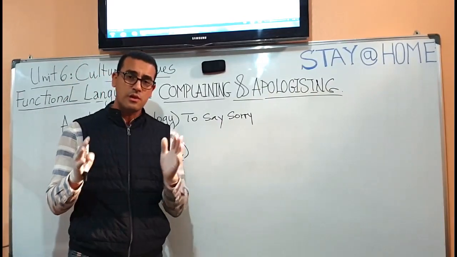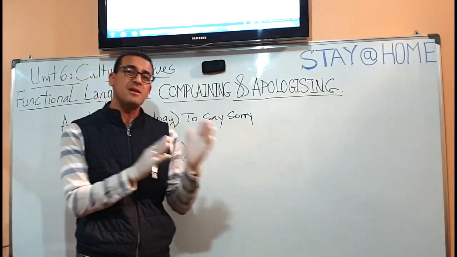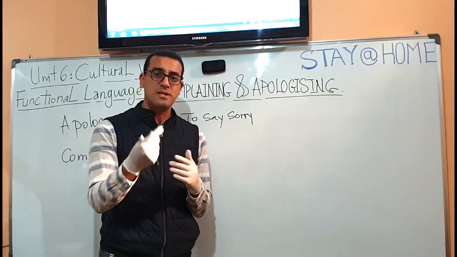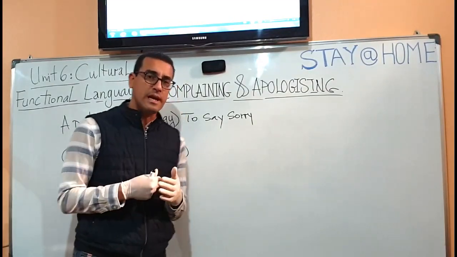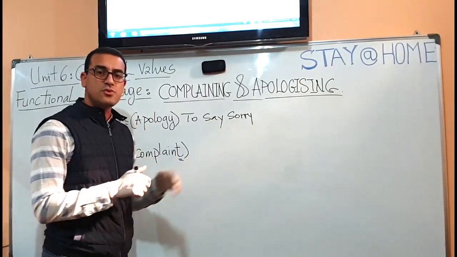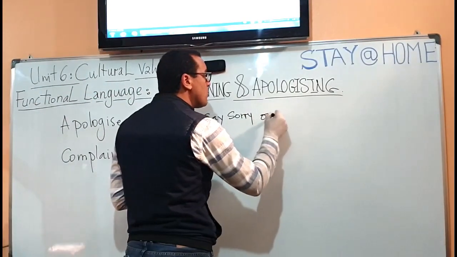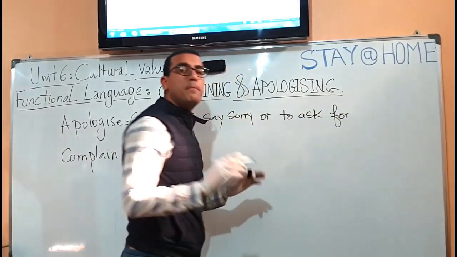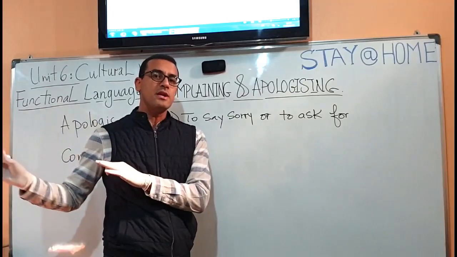And of course, the cause is that you've done something wrong, or you've said something that hurts that person, or hurts the feelings of that person. So to apologize means to say sorry, or to ask for pardon, just like the word in French.